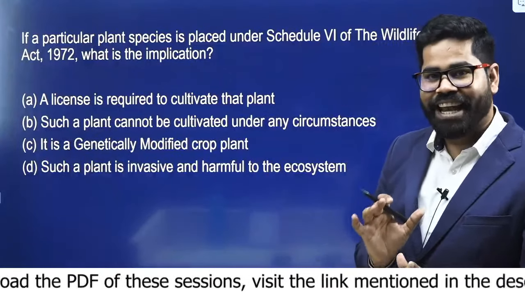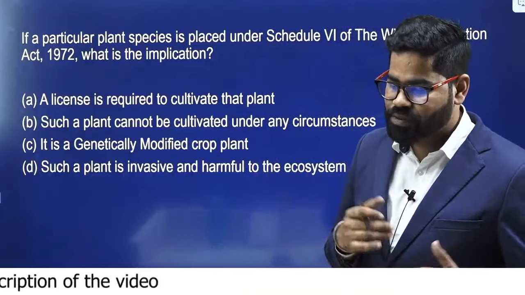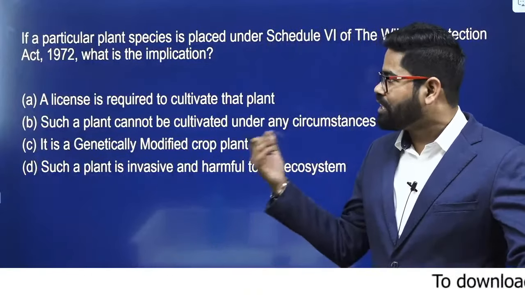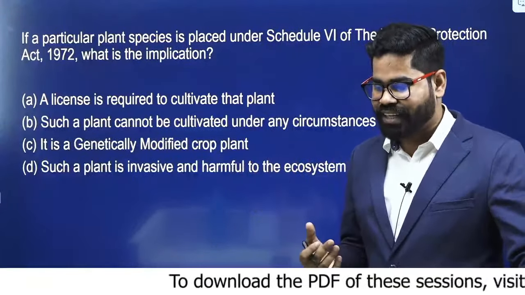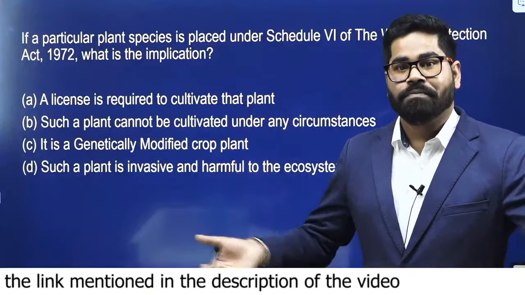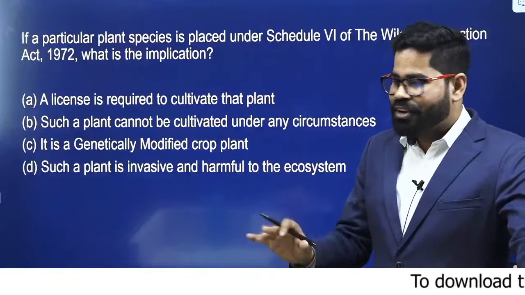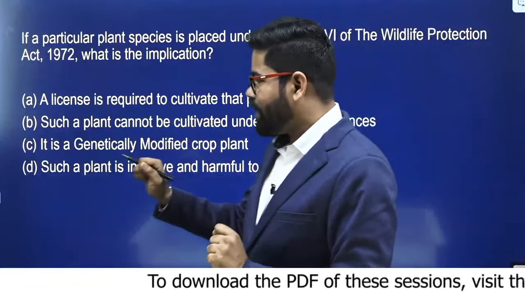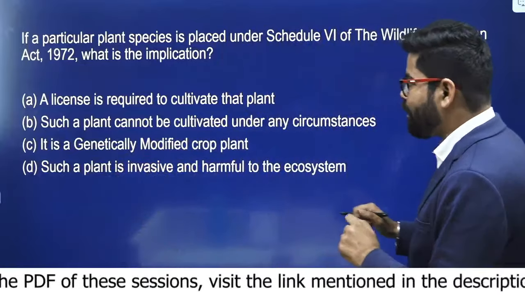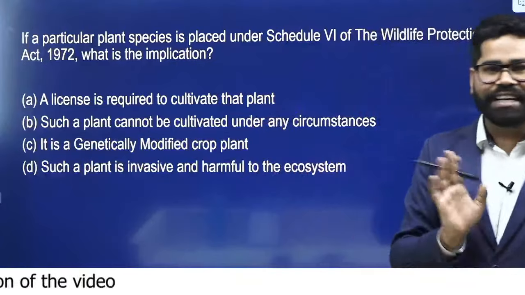This is one such area where UPSC has been framing a lot of questions, sometimes on Schedule 1, sometimes directly on the provisions of this Wildlife Protection Act, sometimes simply on the implications of the provision. Now here, the answer would be A, that is, a license is required to cultivate that plant.